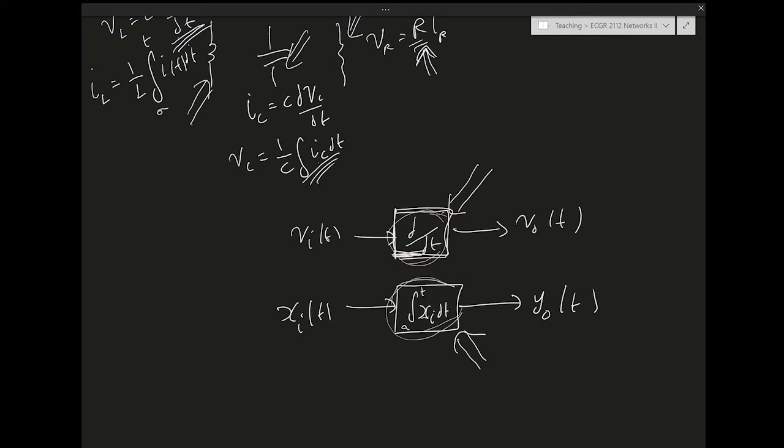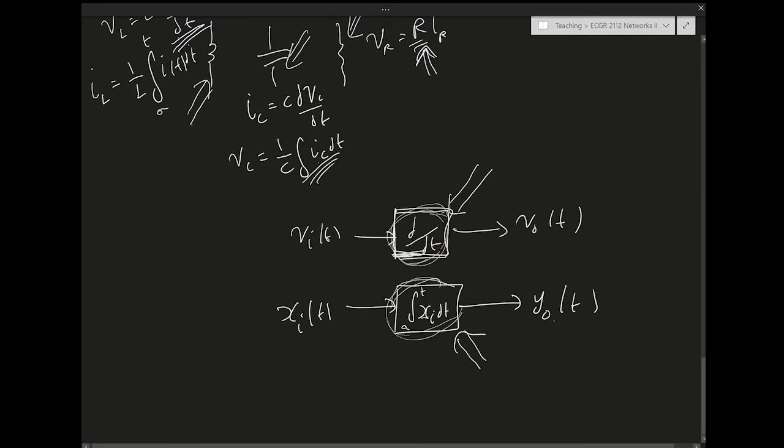There is a big problem here, though, and this problem is that we would like those elemental transformations or operations to be invertible, right? If I have Vo, I should be able to tell what Vi is. If I have Yo, I should be able to tell what Xi is.